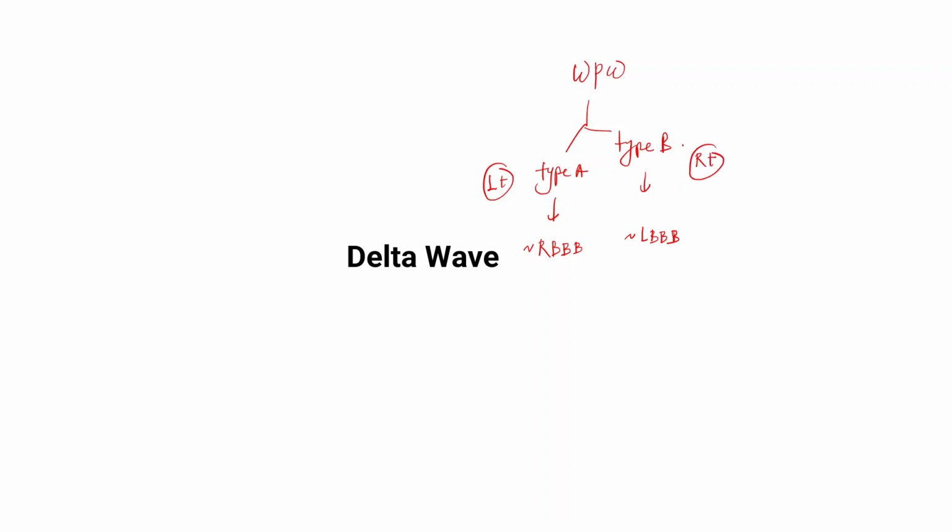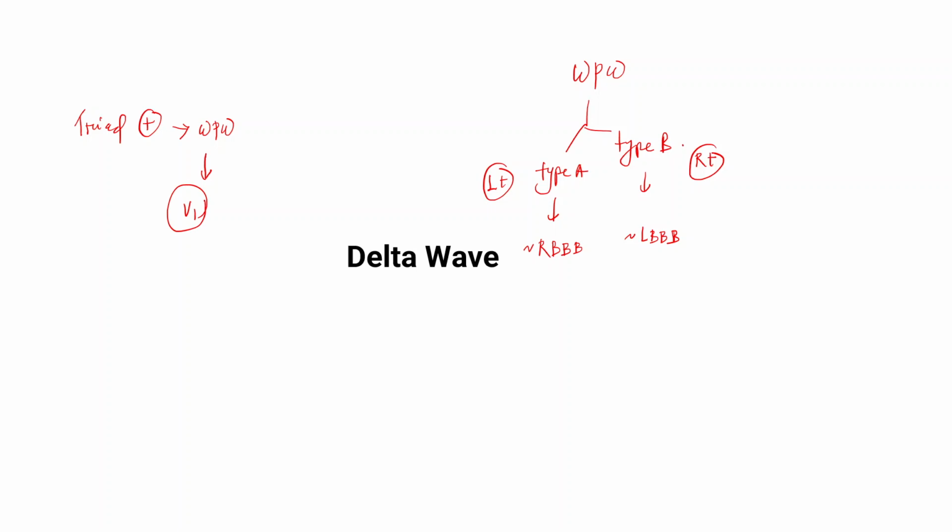So how will you find out from the ECG which type of WPW this is? First of all, you have to find the triad. If you get the triad correct, that is the absence of PR, delta wave, and the wide QRS, then that comes as WPW. The next thing you have to look at is V1.